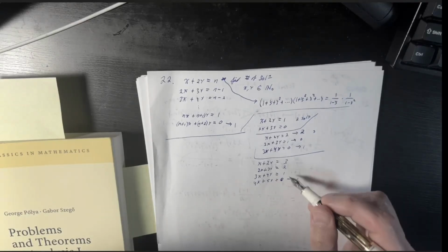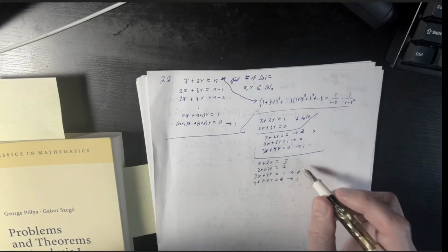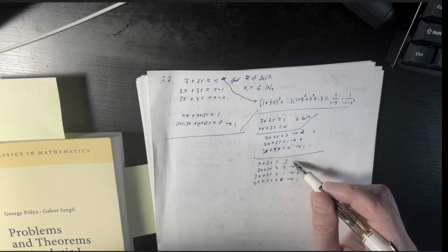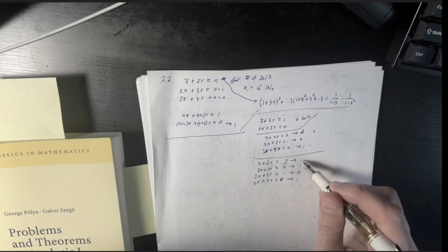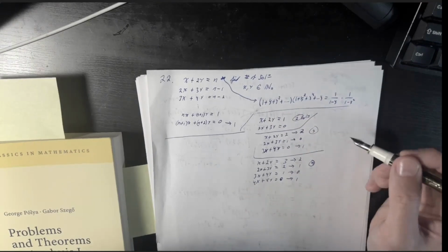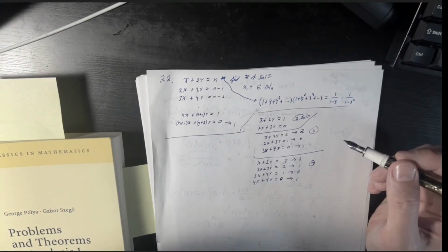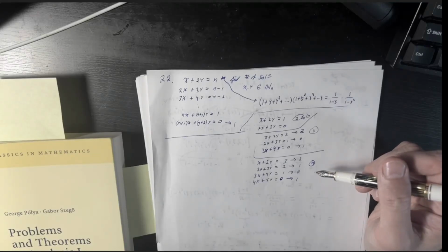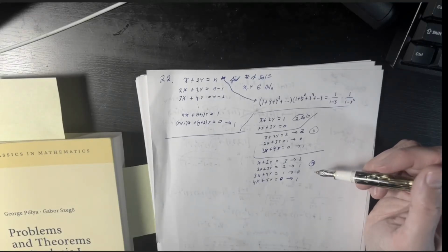Again, this is one solution, this is none. This is one solution, and this has at least 2, right? So we're getting 4 solutions there. Don't love it.